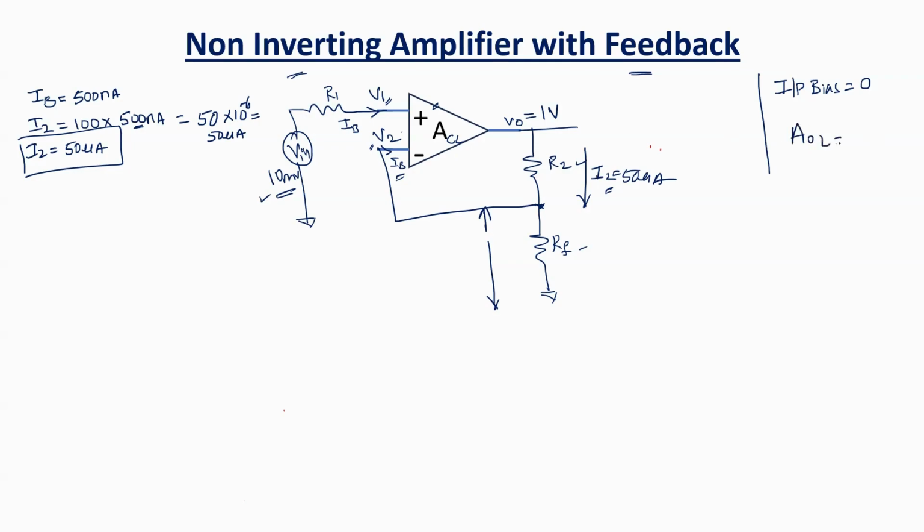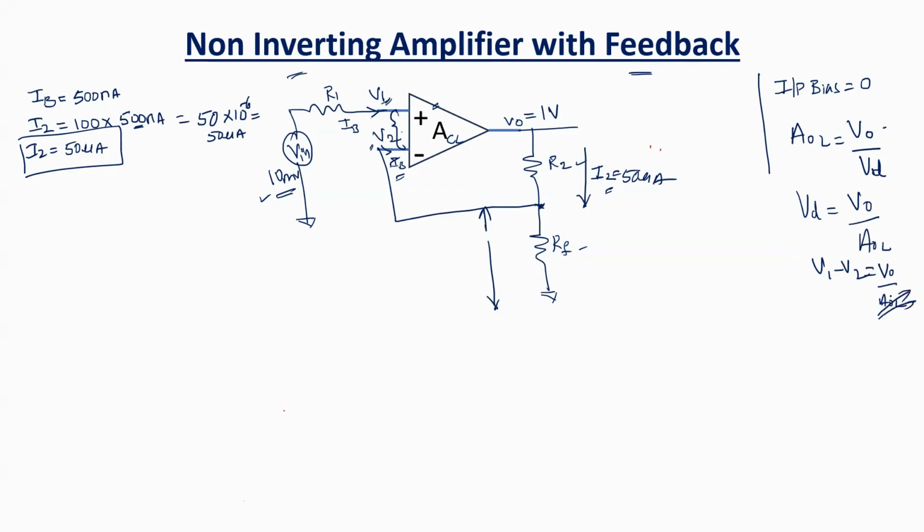Open loop gain is nothing but the output voltage divided by the VD. VD is equal to output voltage divided by AOL. What is VD? It is V1 minus V2, which is nothing but equal to V0 divided by AOL.